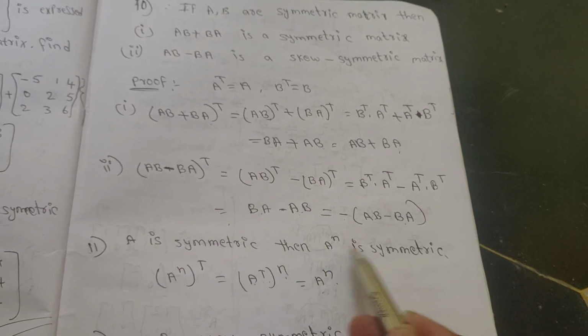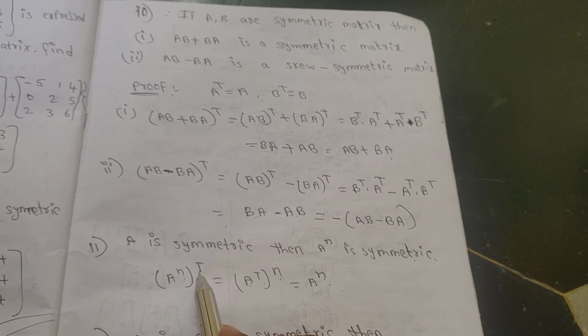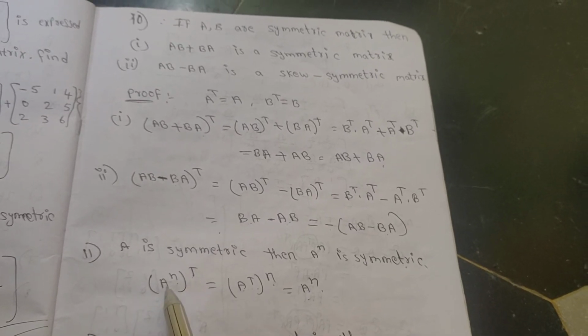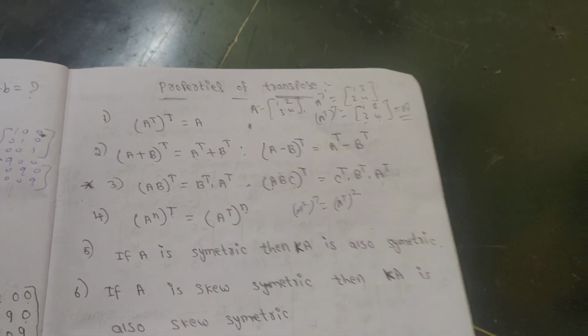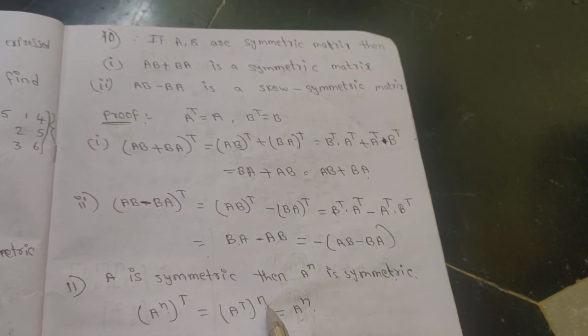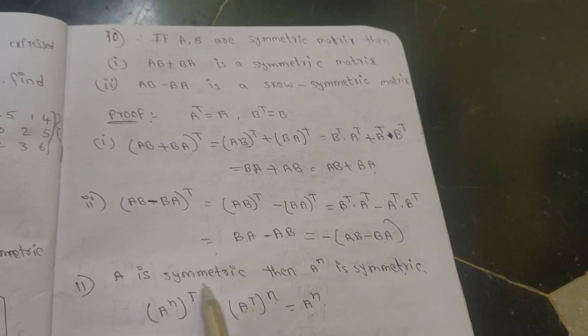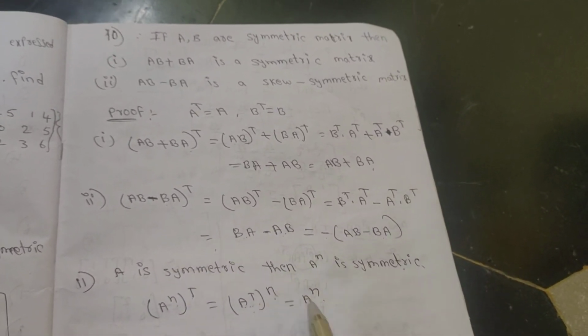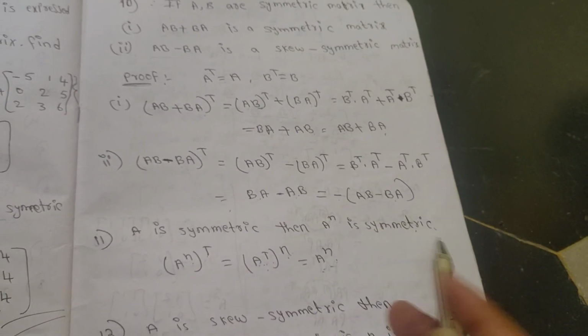If A is symmetric, then Aⁿ is also symmetric, because if you take (Aⁿ)ᵀ, that is equal to (Aᵀ)ⁿ. Because A is symmetric, Aᵀ is equal to A only. So you get Aⁿ. So (Aⁿ)ᵀ is again Aⁿ. So Aⁿ is a symmetric matrix.